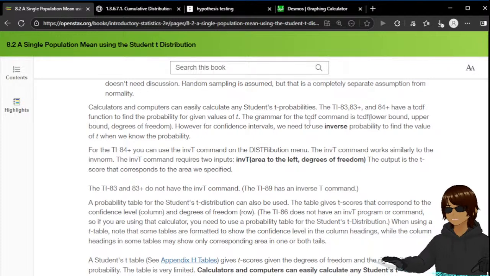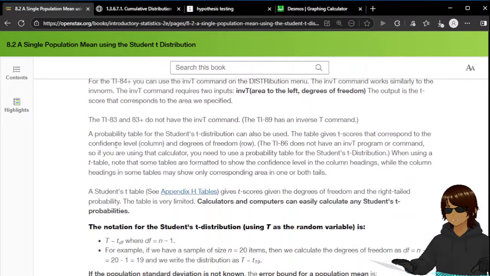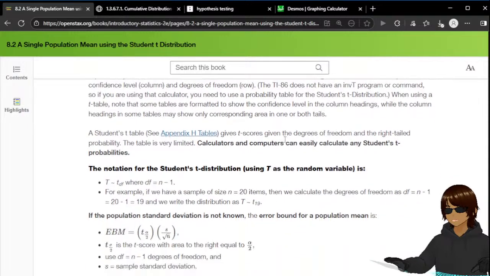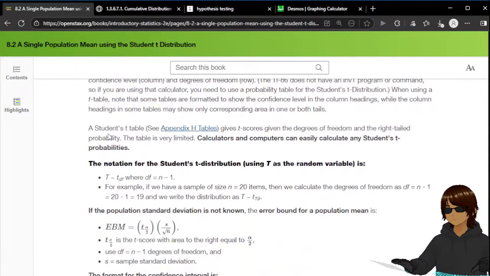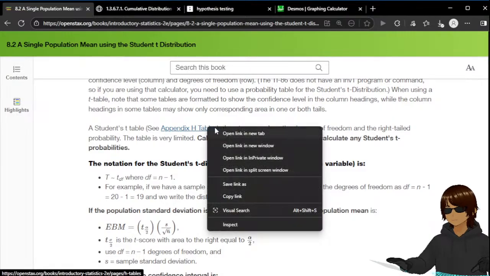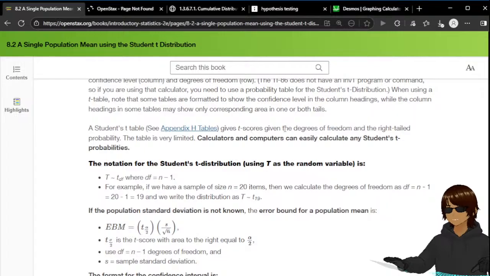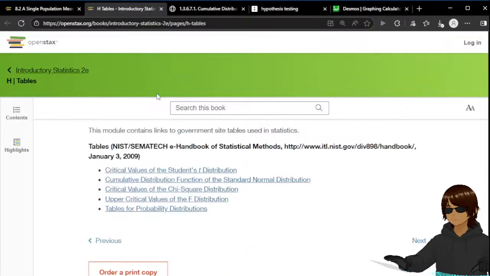The grammar for the tcdf command, okay, they're talking about the calculator. So t score given the degrees of freedom and the right tailed probability. The table is very limited. So t scores.